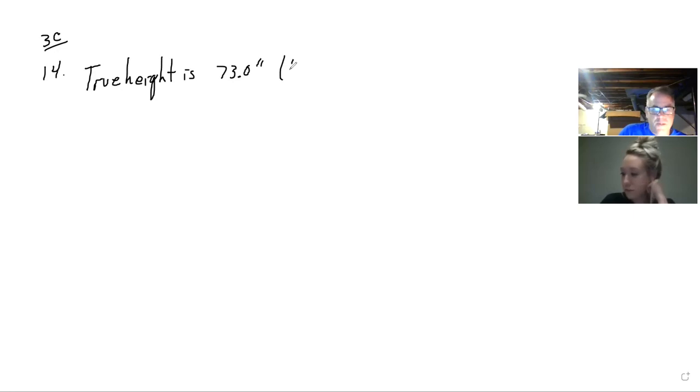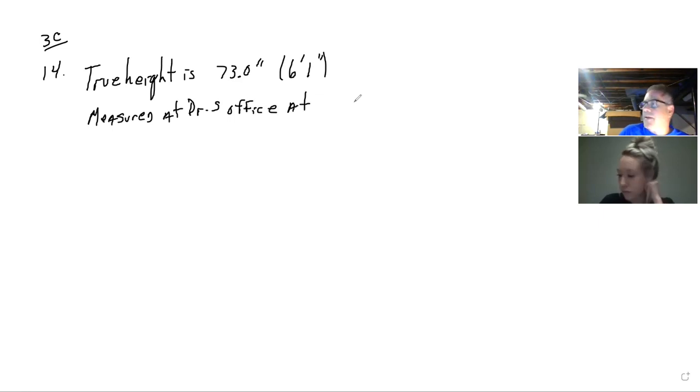That would be 6 feet and 1 inch, which are measured at your doctor's office. At 72.5 inches, right, or 6.5 feet.